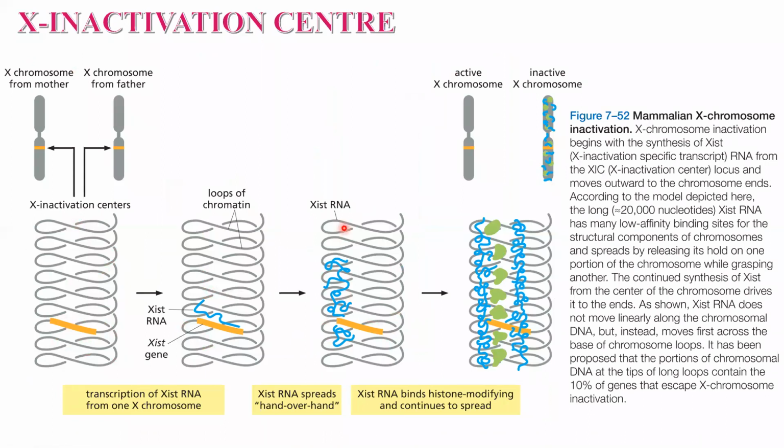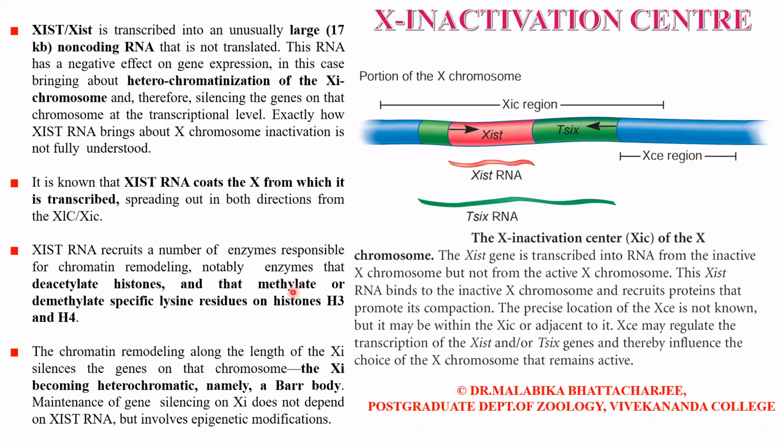You can see the RNA gradually spreading over, recruiting histone modifying enzymes, and the modification continues. As a result, the X chromosome is condensed, heterochromatinized, and ultimately becomes inactive. This is what happens in the case of a human female. So this is another picture of XIST RNA.